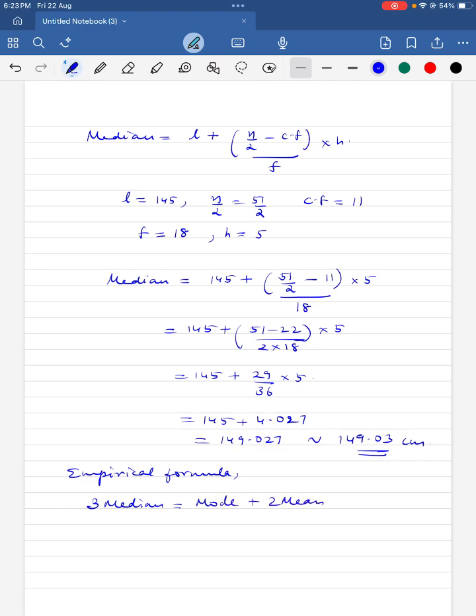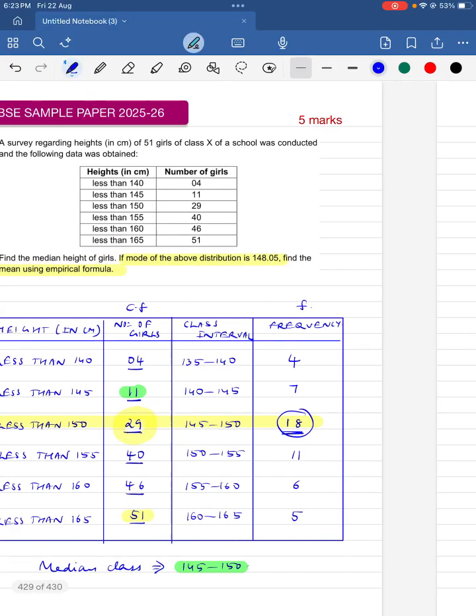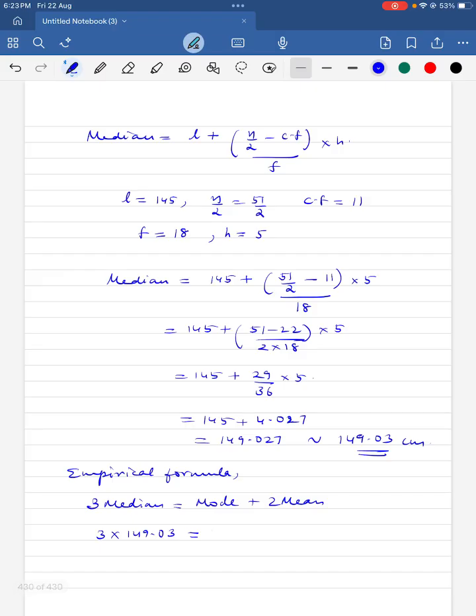So 3 times 149.03 is equal to mode, which is given as 148.05, plus 2 times mean.